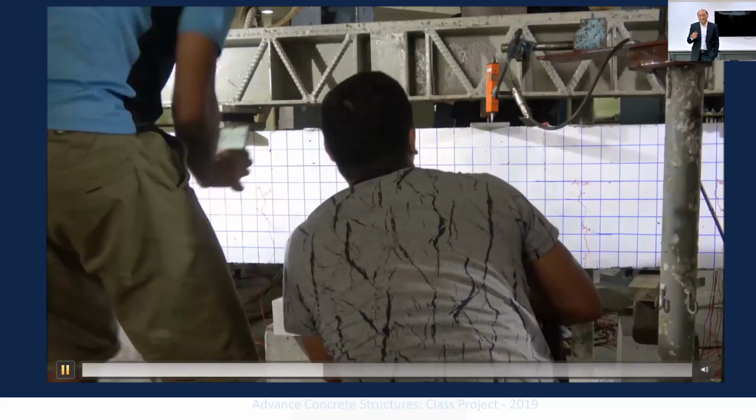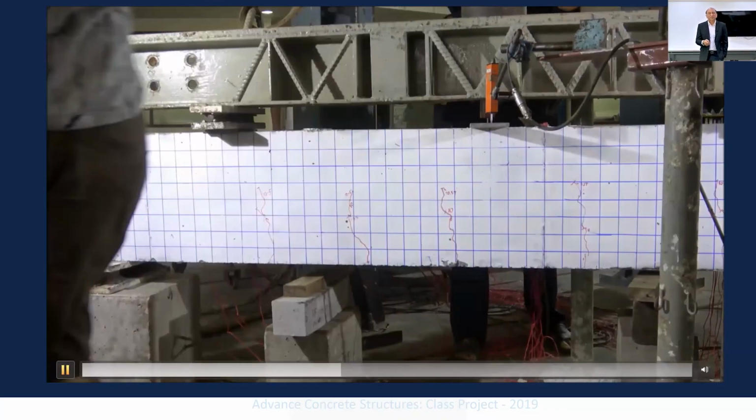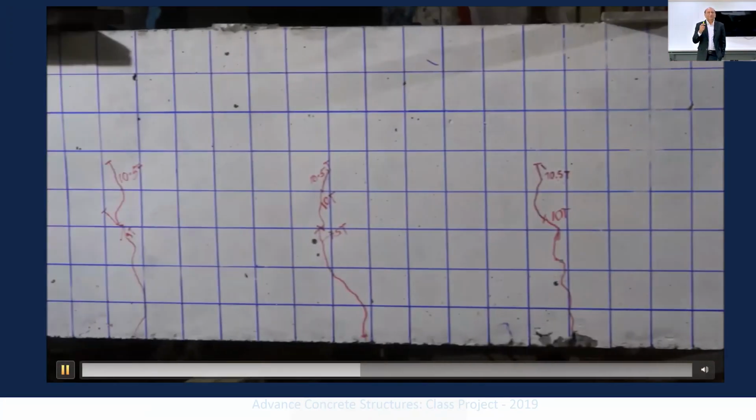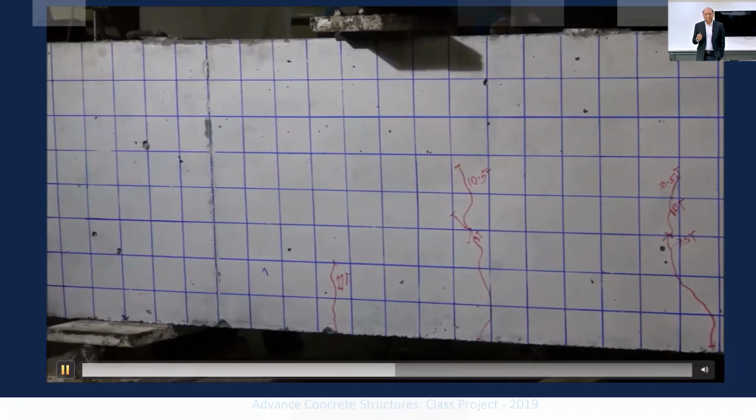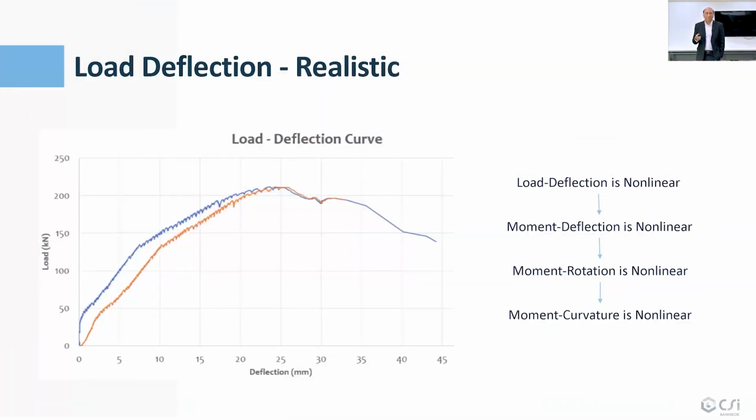So we can get the entire history of deformation of the beam together with the cracks, spacing, location, thickness, and so on. And we can plot the curve between the load increase and the deformation, and we get this nonlinear load deflection curve. This nonlinear load deflection curve comes from moment deflection, which is nonlinear, which comes from moment rotation, which is also nonlinear, which comes from moment curvature, which is also nonlinear.